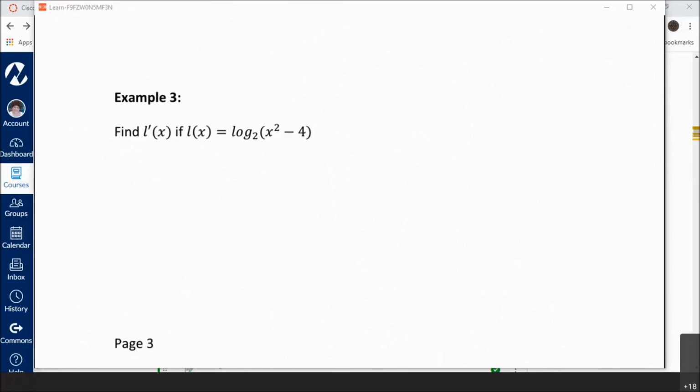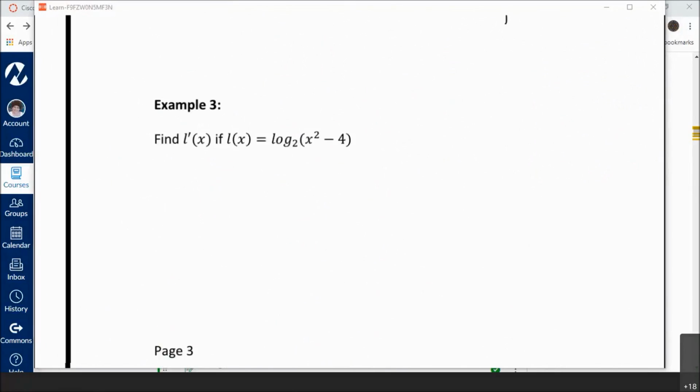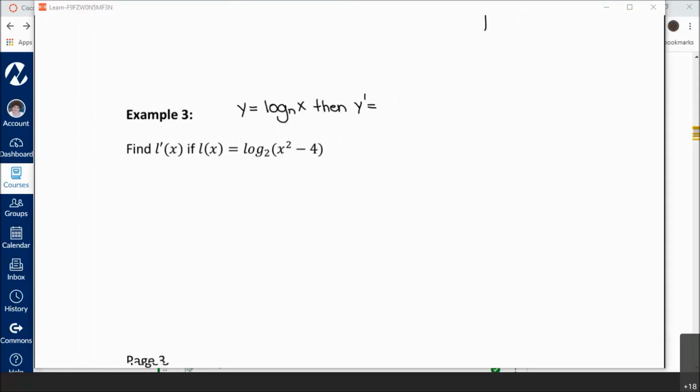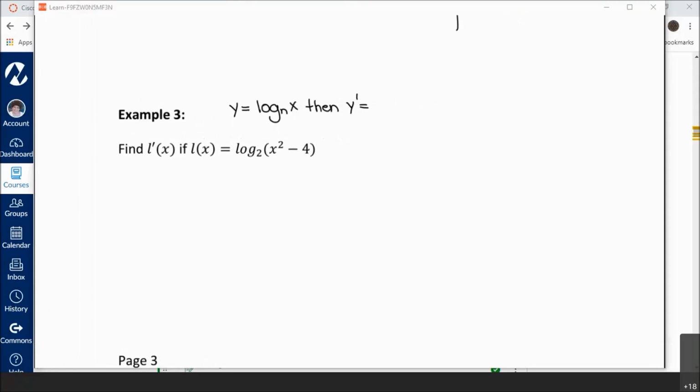Okay. So again, let's look at how we differentiate logs. Let's say I have y equals log base n of x, then y prime equals one over ln of the base times the argument.